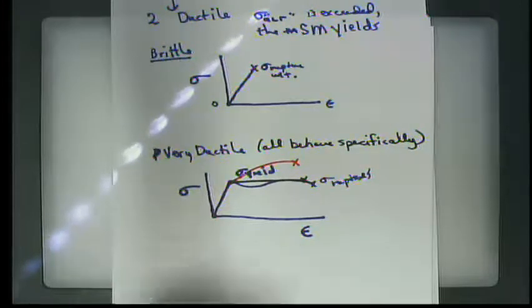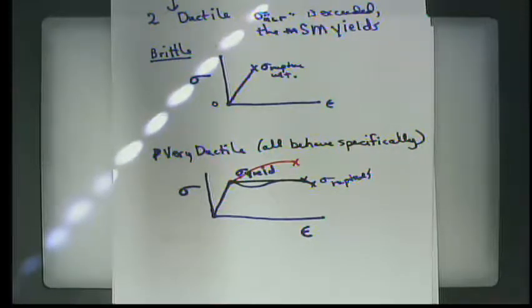Wood is somewhat brittle. Diamonds are incredibly brittle, yes. Then ductile materials, metals in general, one of the key properties of a metal is that ductility, that ability to yield rather than rupture.